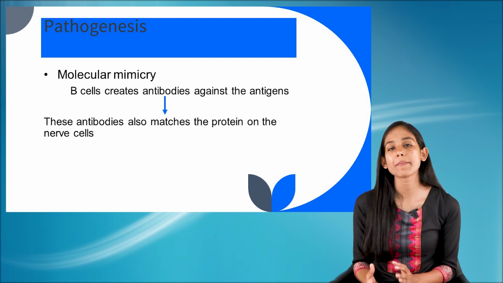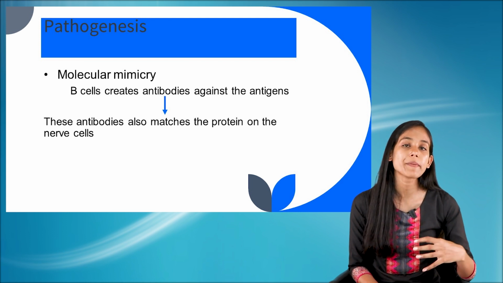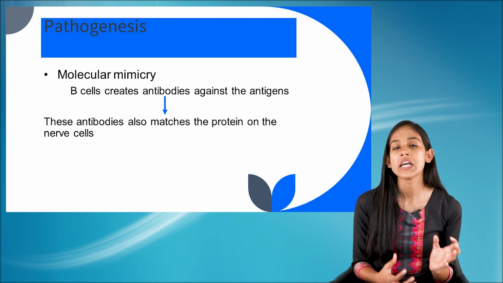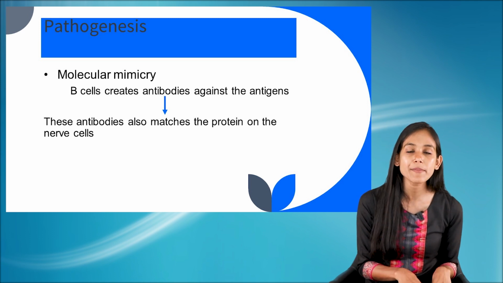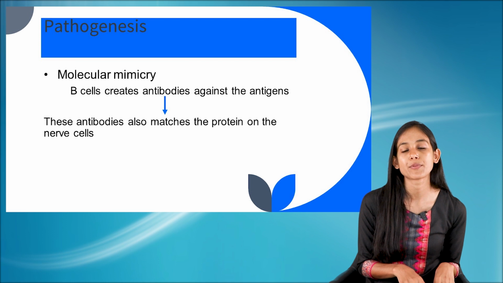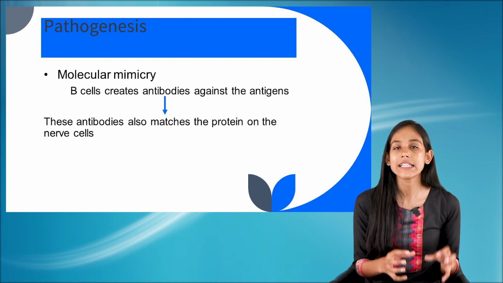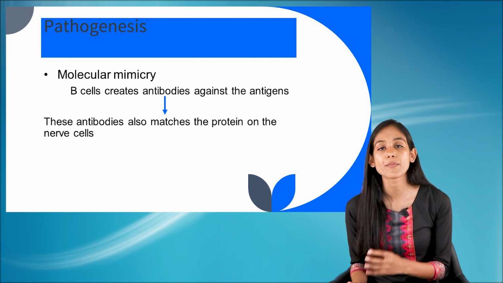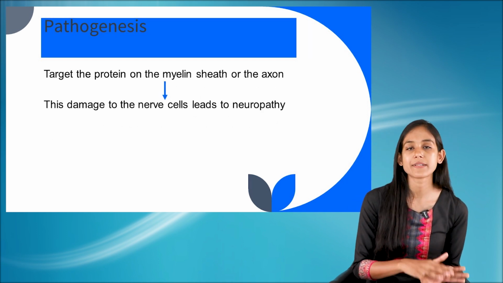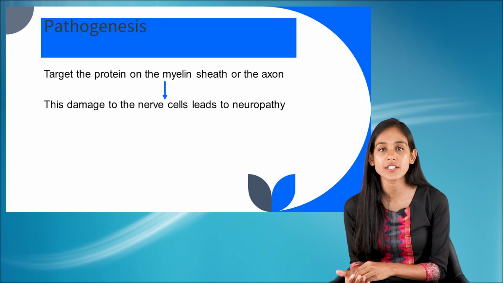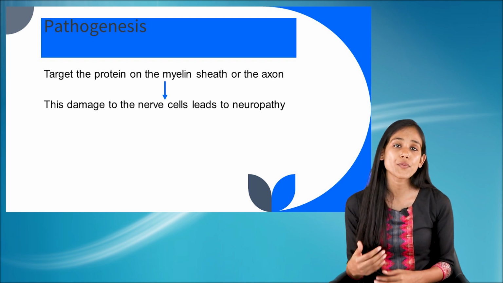Now here in Guillain Barre syndrome, what happens? There would be molecular mimicry. So what do we mean by molecular mimicry? Now the antibodies which are produced by the B cells, these antibodies also match the protein on the nerve cells. So if the antibodies match the proteins on the nerve cells, then what would happen?